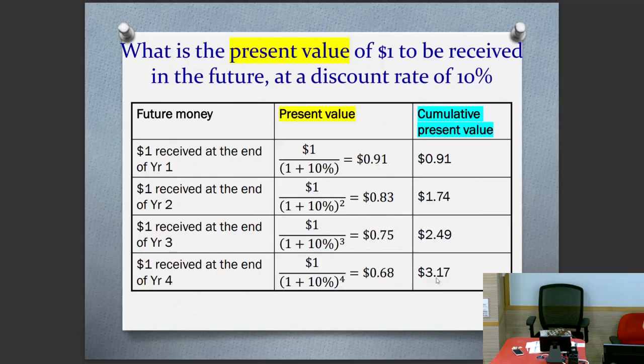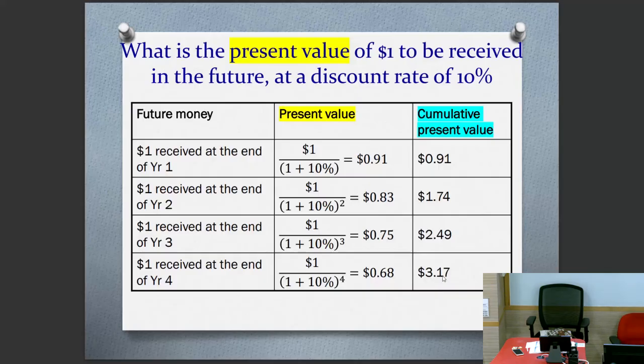So it means if you expect to save $1 every year, by the end of year 1, I save $1. By the end of year 2, I save $1. And then by the end of year 3 and year 4, I save another $1. And then converting all these into the present value and adding them up, the total will be 3.17.